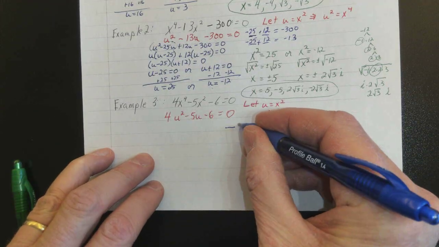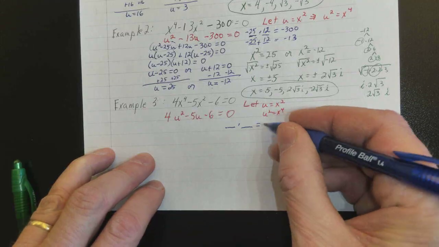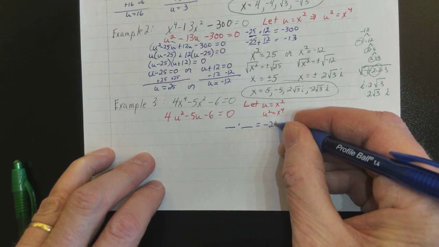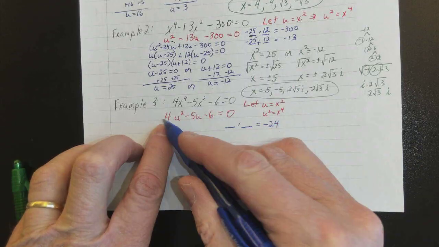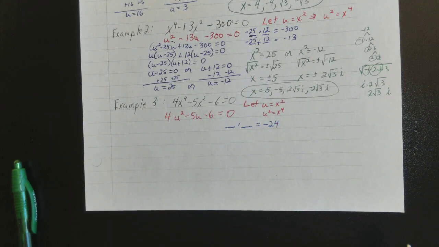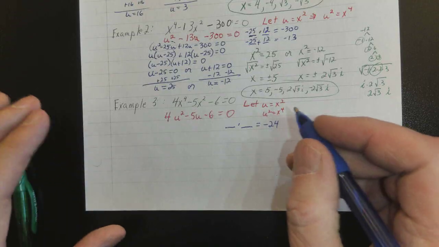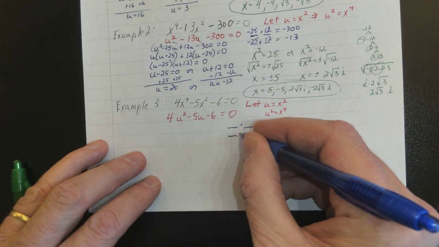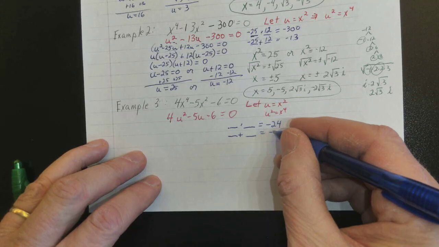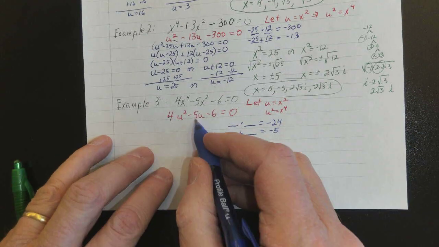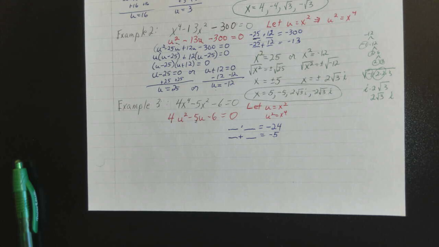Okay. Now I've got a number in front of u squared this time. And 4 times negative 6 is negative 24. We just haven't had that yet. And then let's add. We've got to find two numbers that multiply to negative 24 and add to negative 5.